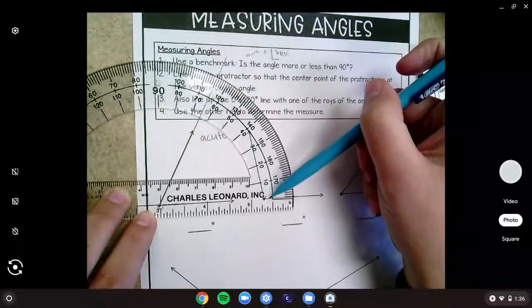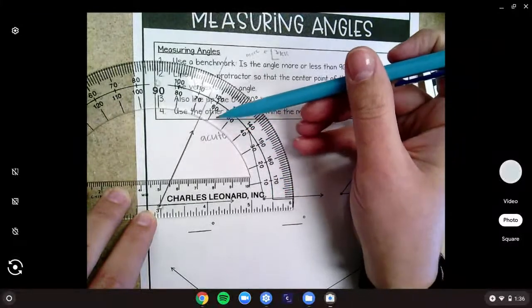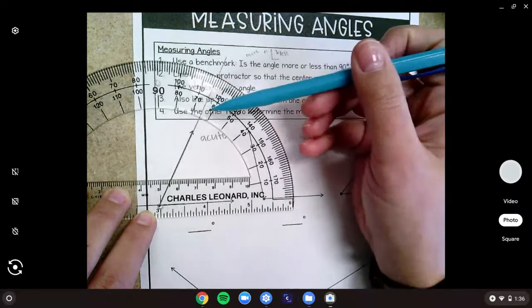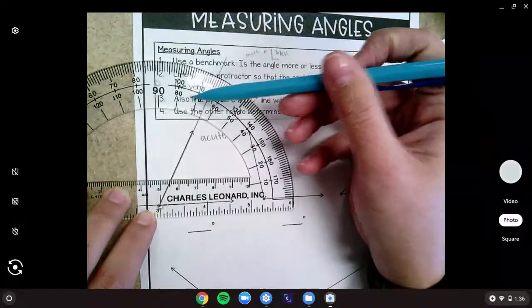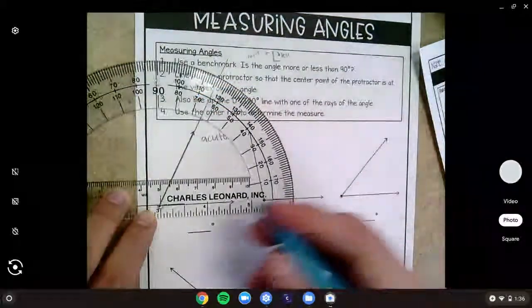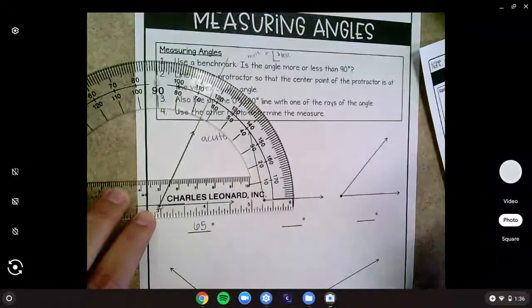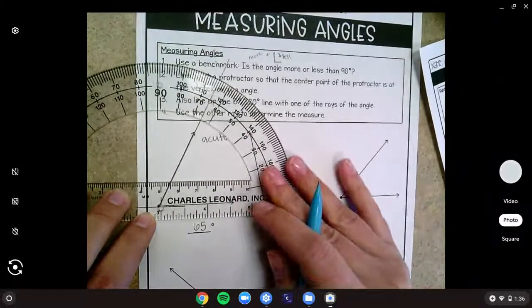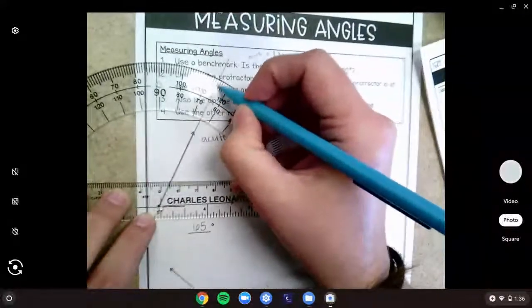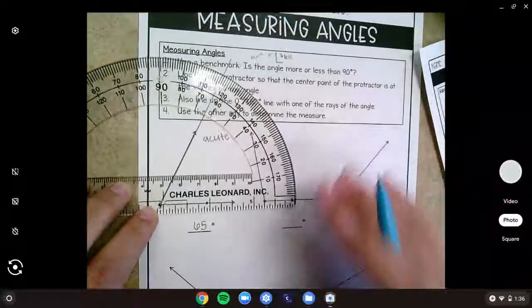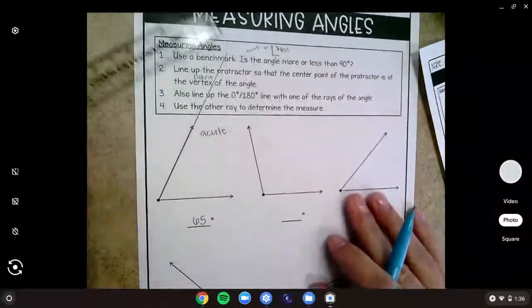And we know we're following it from 0 up, so it's past 60 and not to 70 yet. So between 60 and 70 would be 65. So our angle here is 65 because it was exactly, see how it lines up on that slightly longer line? We know it's exactly 65 degrees.